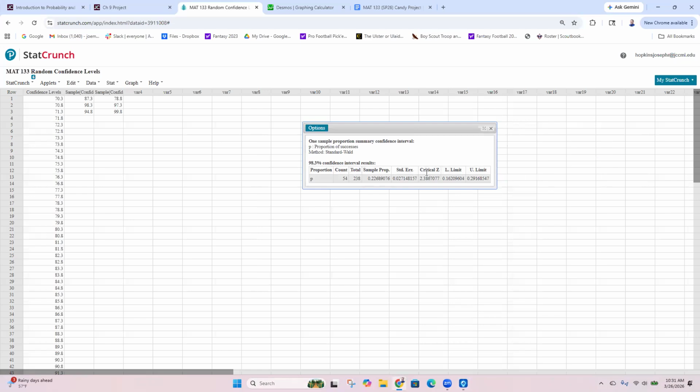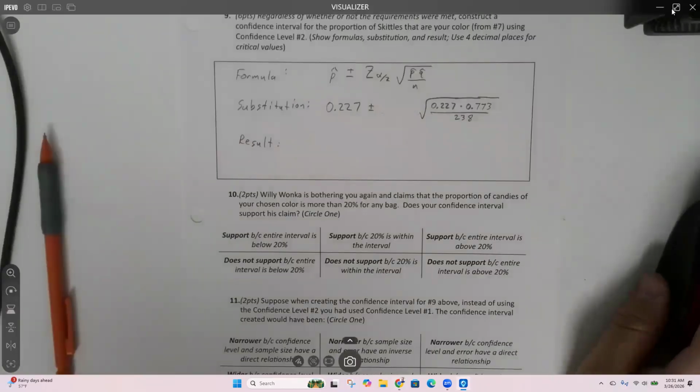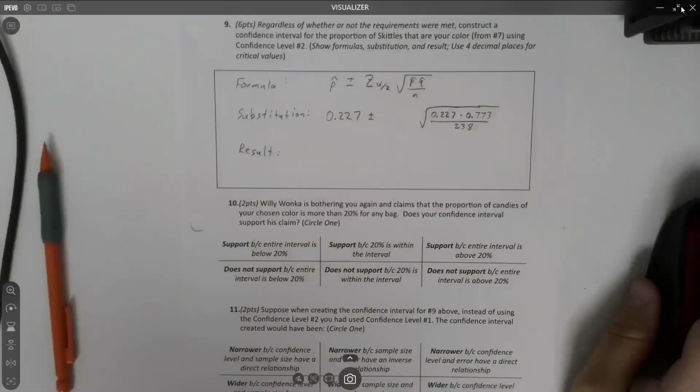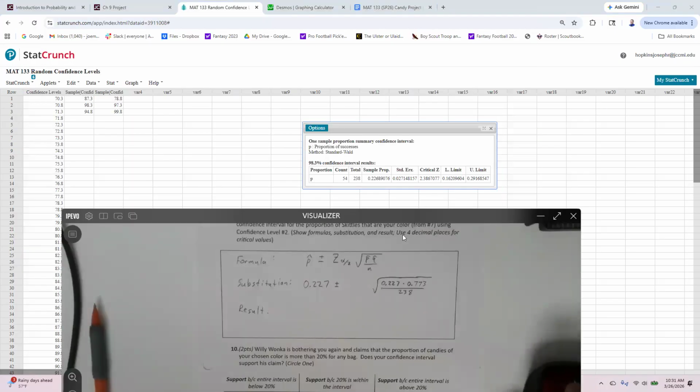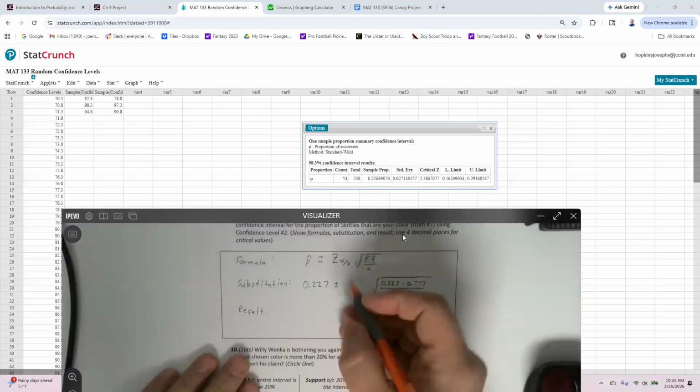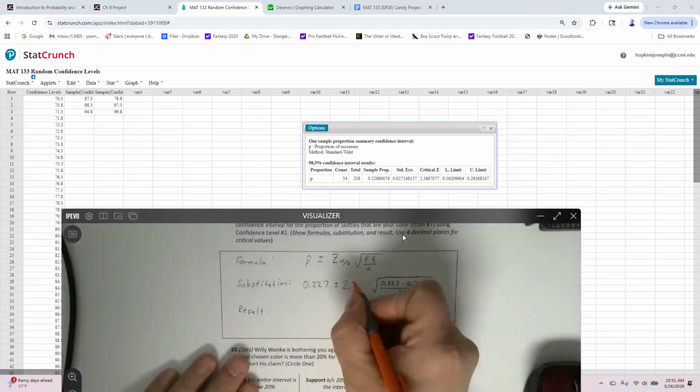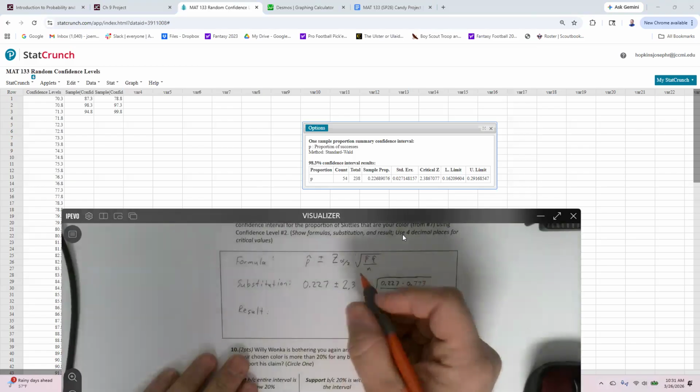So I need to write down my Z value, my lower limit, and my upper limit. Let me see if I can zoom this down. There we go. My Z value was 2.387.